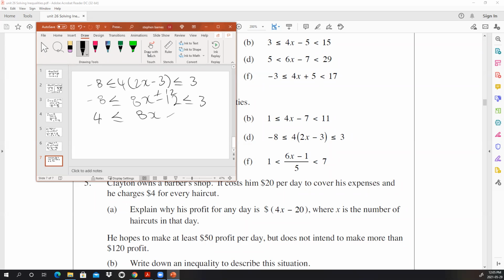And then add 12 to this side, and you get 15. Divide through by 8. This becomes a half. This is x. This is what? This is 1 and 7. All right.